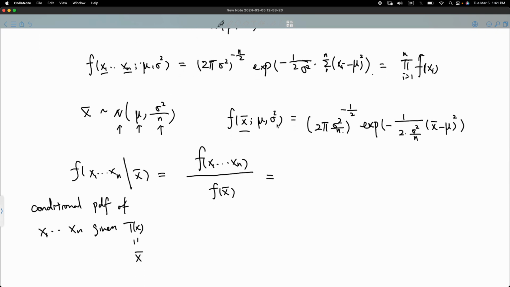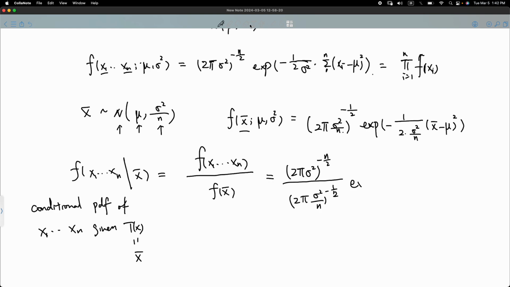Let's see what are some good ways we can simplify. So 2 pi sigma square to the negative n over 2, over 2 pi sigma square over n to the negative 1 over 2. So that's the constant part. And then the division of exponentials is the exponential of the difference.